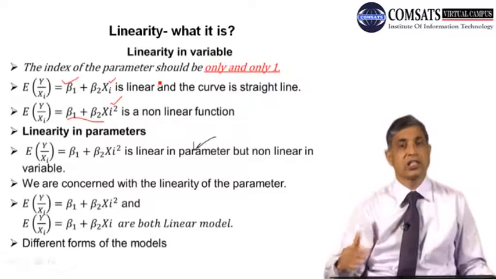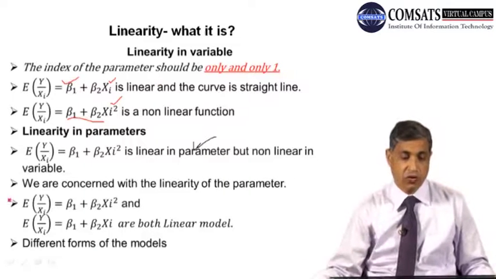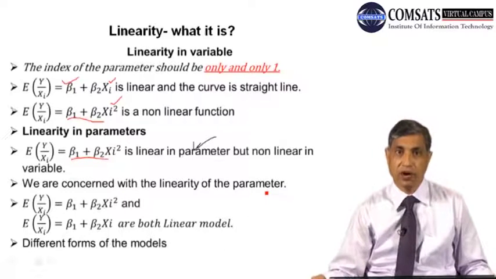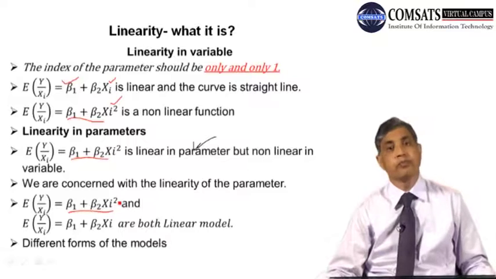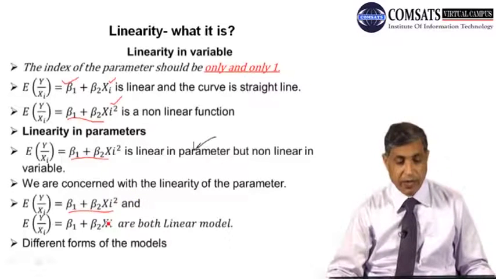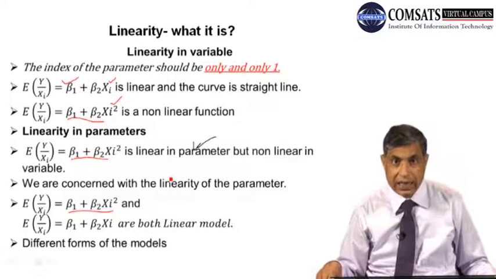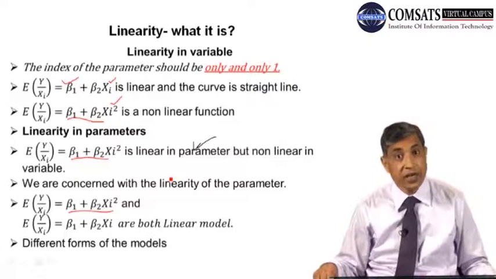So we talked about the linearity of the variable, and now for the linearity of the parameter, it is similar: beta 1 and beta 2 have a power of only 1. Although the model has become nonlinear in variable, it is still linear in the parameter. So we ask whether we are interested in linearity of the parameter or of the variable.